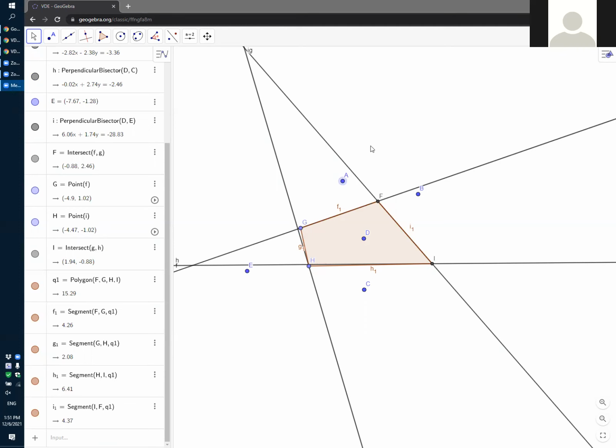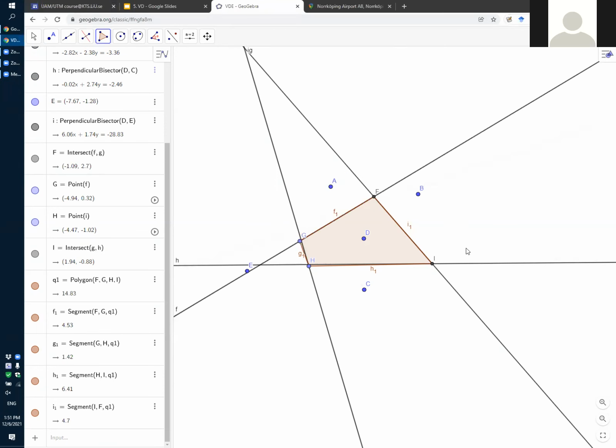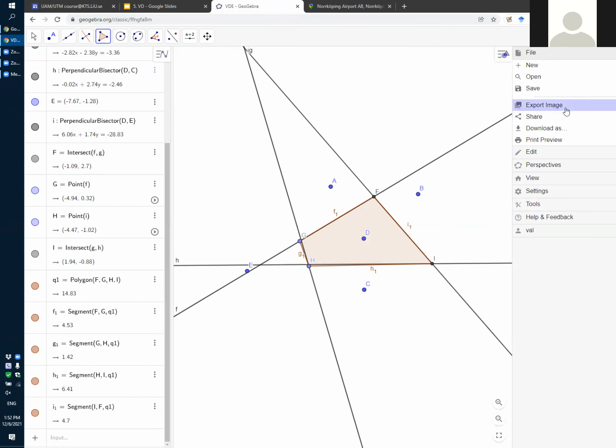What I'm showing here is how you can export and share your GeoGebra files, and I may ask you to share on the exam or elsewhere. There are many other ways to export the image, but I do ask you to export an image in the practice exam, and we'll ask you to do it in the actual exam.